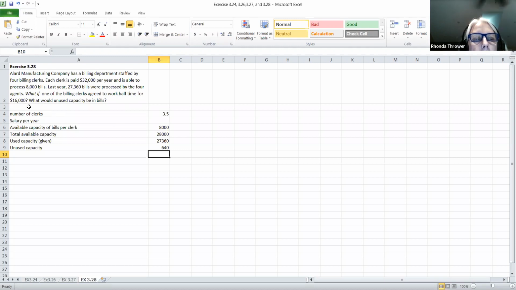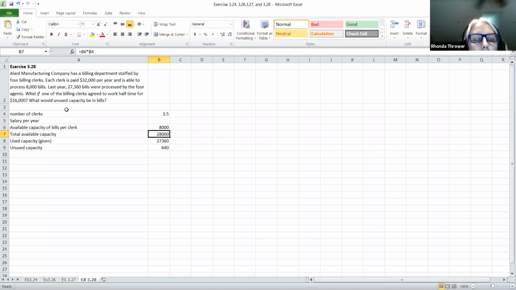So what that means is if one of the clerks was working half-time, we only have 3.5 clerks, basically. They're still expecting each clerk to be able to produce 8,000 bills per year, per clerk. So we'll multiply 8,000 times 3.5, and that'll give you what your available capacity is.